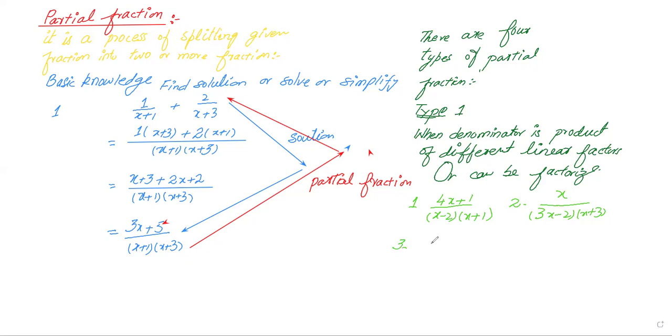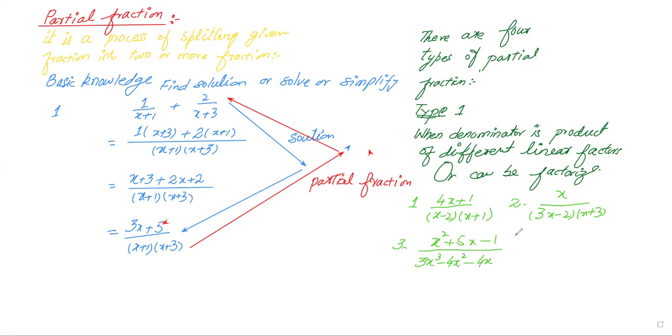Another one, x squared plus 5x minus 1 divided by 3x cubed minus 4x squared minus 4x.